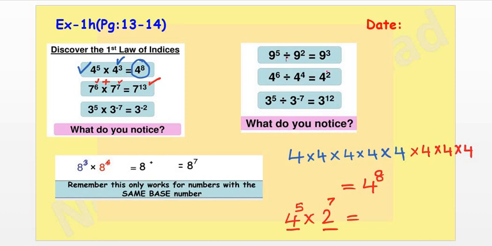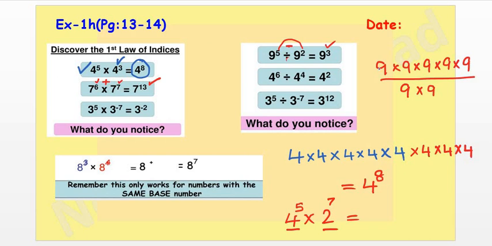Similarly, for division, we simply subtract the exponents, like 5 minus 2, and the final answer will be 9 to the power 3. How does it actually happen? You write 9 times 9 times 9 times 9 times 9, and you are dividing it by 9 to the power 2, that means 9 times 9.